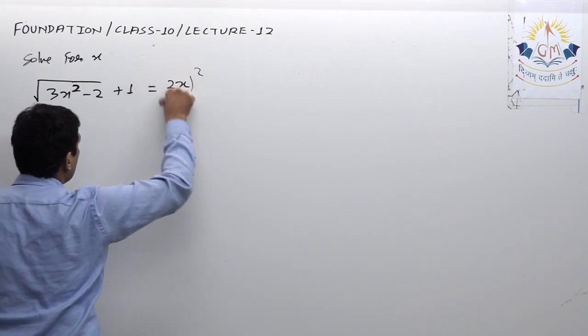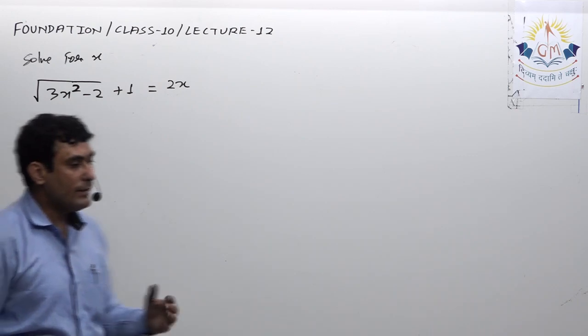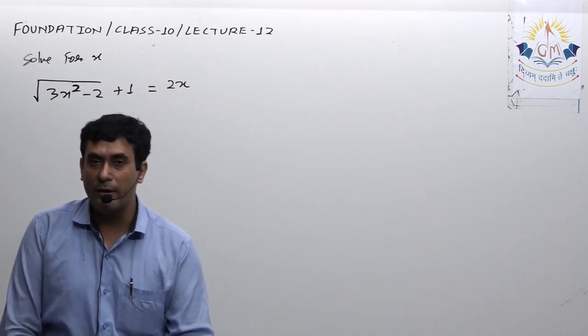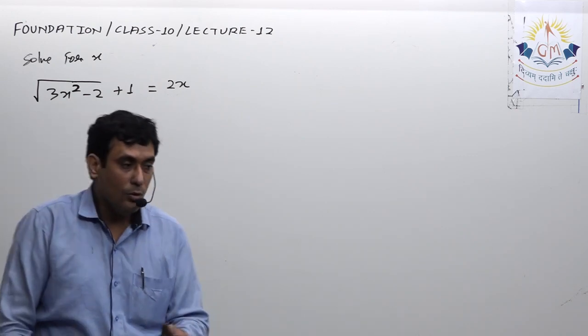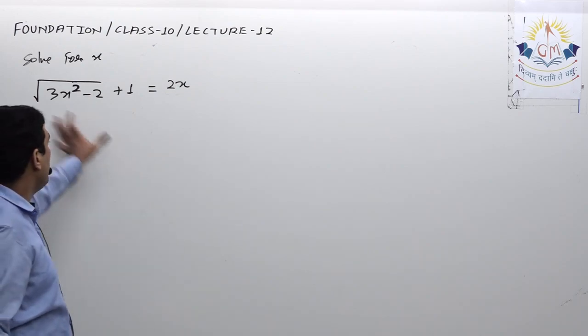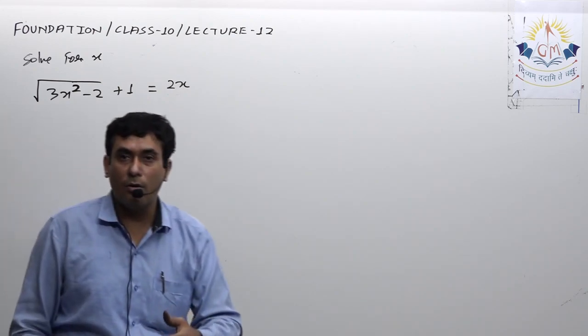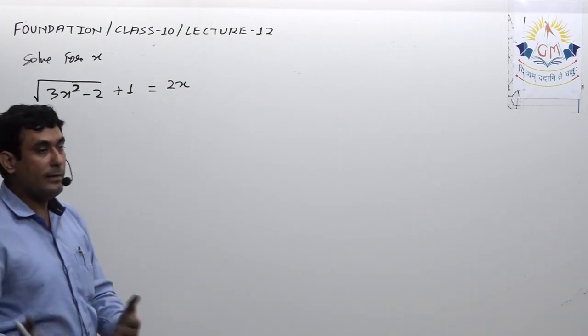If I take this 1 on the right hand side, whenever you get this type of question in which a square root sign is there, always try to simplify the equation in such a way that you get the square root sign alone, either on the left hand side or on the right hand side, and then start squaring.